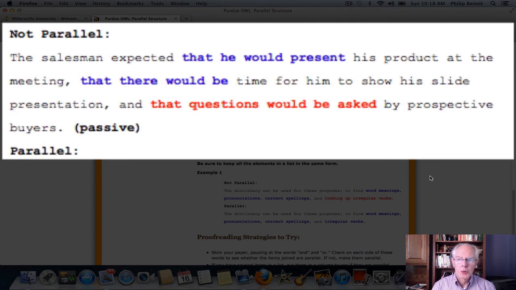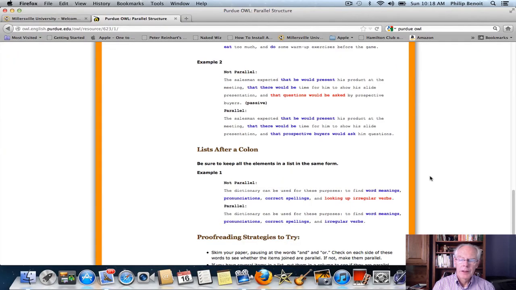So we switched from the active voice of the verb, "would present," he acting, as opposed to "questions would be asked," and the subject of that clause becomes the questions, and they would be asked, so they'd be acted upon. That's the difference between our passive and active voices.